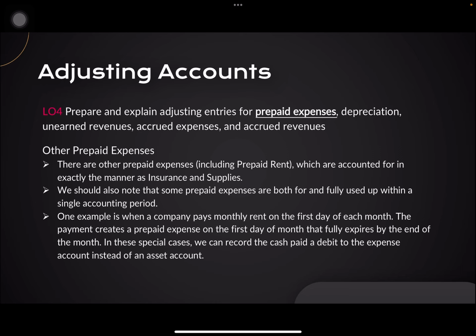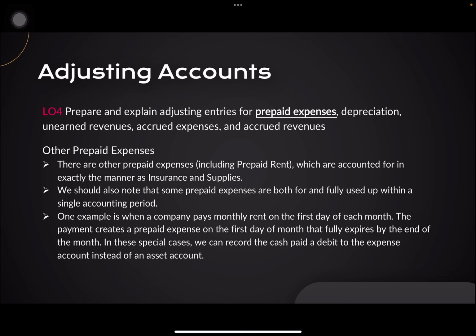The payment creates a prepaid expense on the first day of the month that fully expires by the end of the month. In these special cases, we can record the cash paid as a debit to the expense account instead of an asset account. So in this session, particularly prepaid expenses, we've determined that adjusting entry would be prepared through direct usage or passing of time.